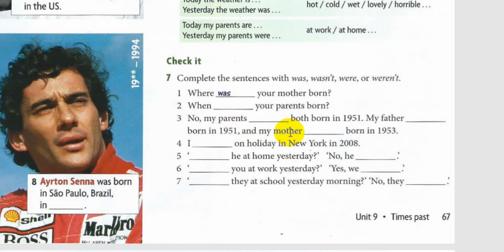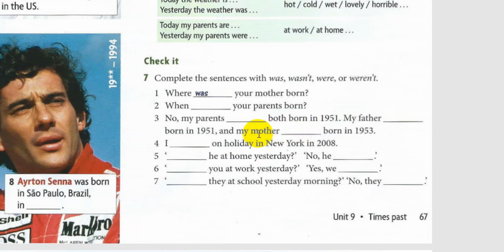My parents were both born in 1951. My father was born in 1951 and my mother was born in 1953. I was on holiday in New York in 2018.